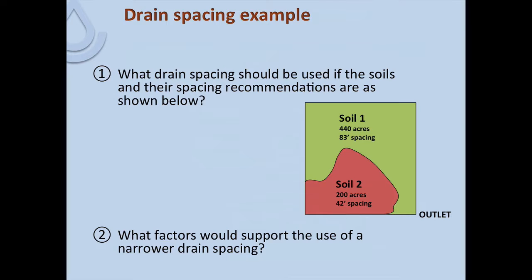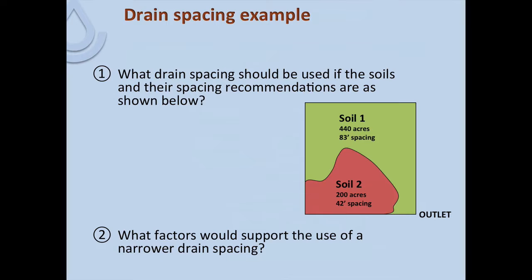And so that's probably not going to be an ideal solution there. We could split the difference and do something like a 60-foot spacing across the whole field. And so if we do that, then we'll be a little under drained in soil 2 and a little over drained in soil 1. And so again, that may not be desirable.